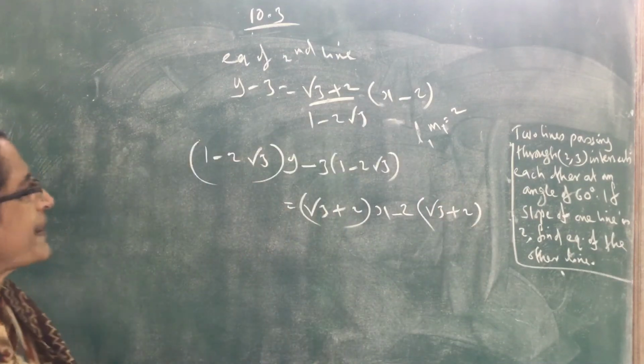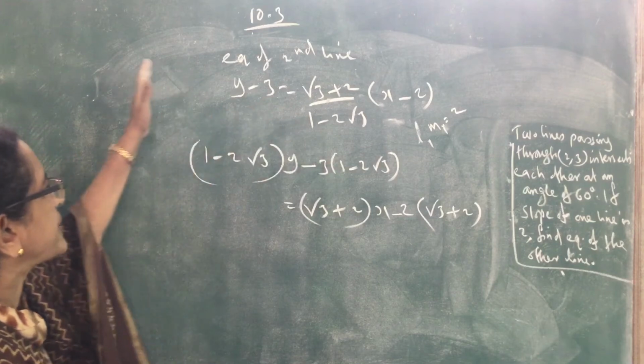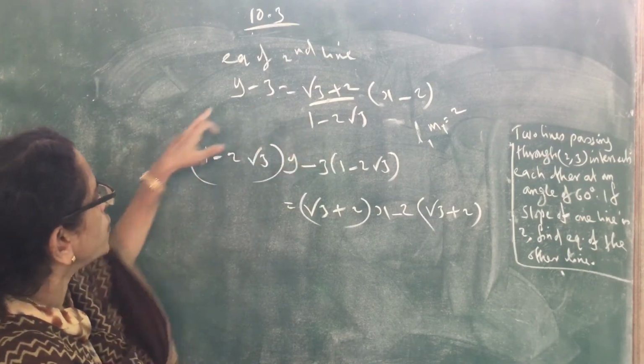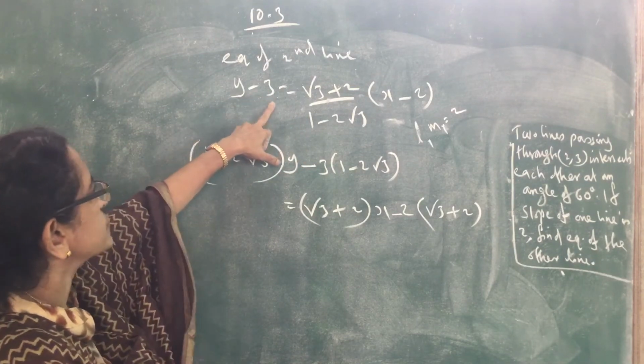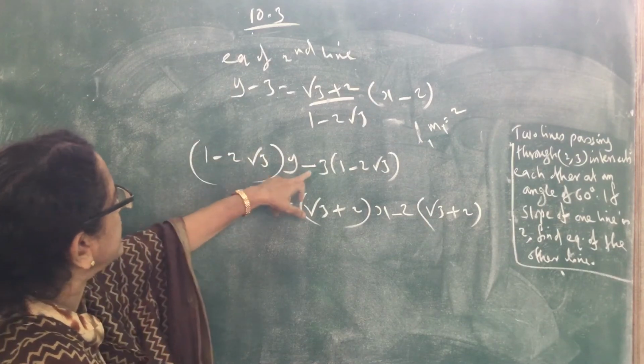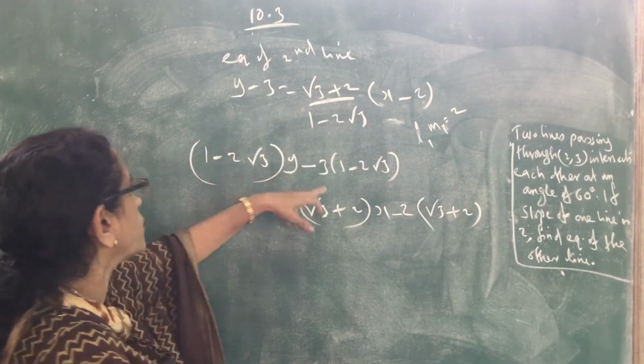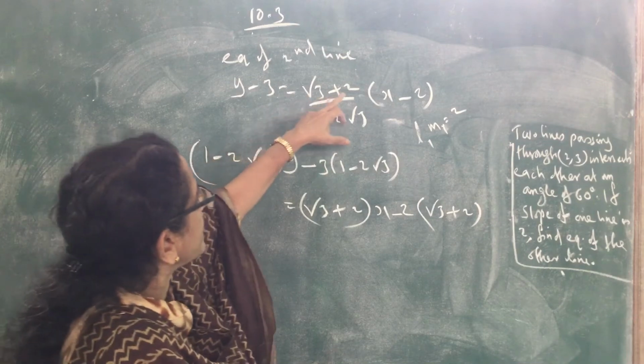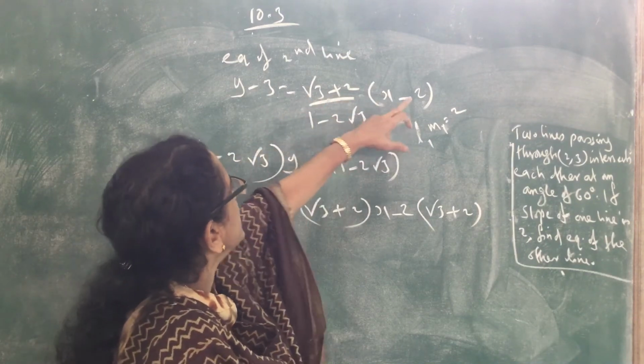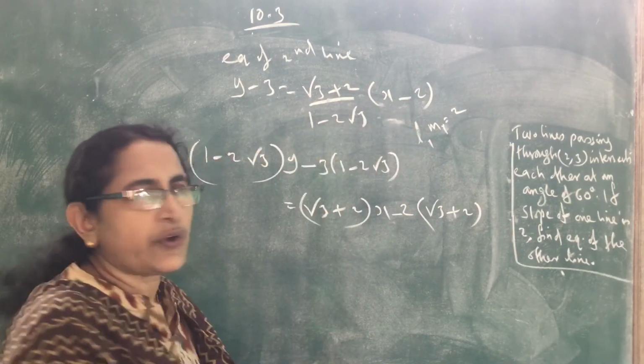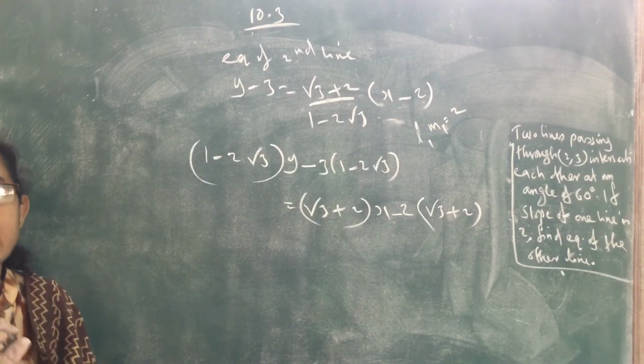So just opening the bracket, this (1 minus 2 root 3) we cross multiply this side. So (1 minus 2 root 3) into (y minus 3). First multiply y into (1 minus 2 root 3), and opening the bracket. Now (root 3 plus 2) into x, then minus 2 into (root 3 plus 2). Now we can write in the form x term, y term, constant term.